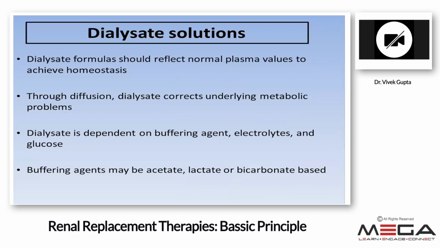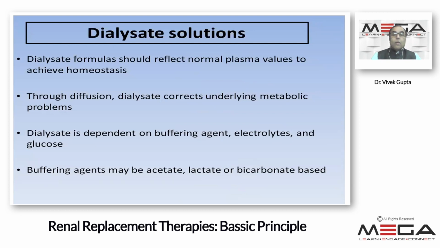So now what fluid? Again, it is very important that we have a replacement solution and a dialysate solution. Dialysate basically should reflect the normal plasma value to achieve adequate homeostasis. And through diffusion, it corrects the metabolic problem.